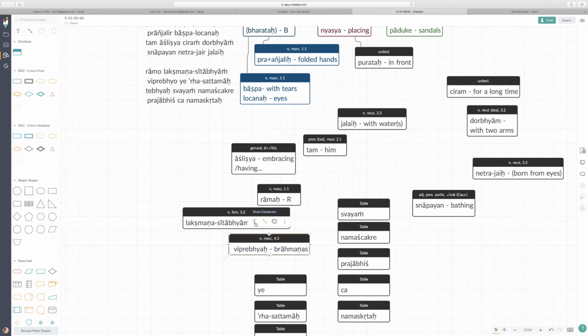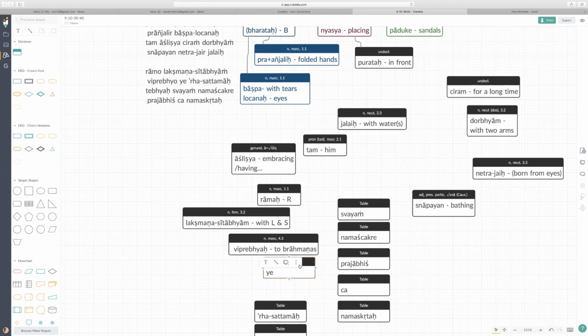So how do I translate it? Onto the Brahmanas. Yeah, this is one of the main meanings of the fourth case, as they are the receivers. Okay, yeah.